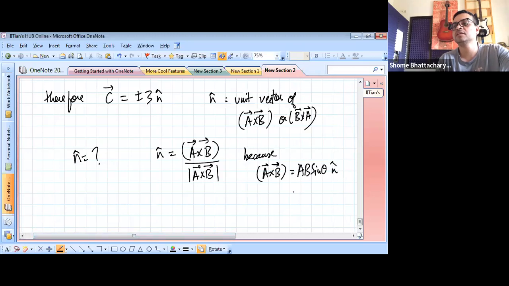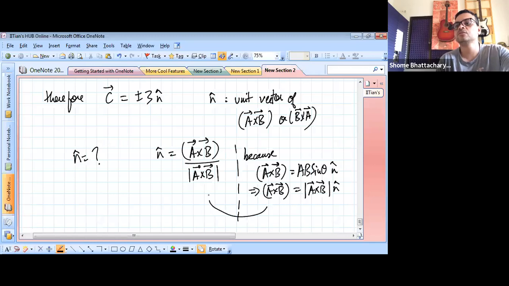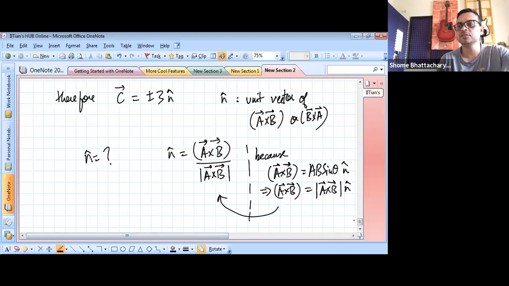That is nothing but mod of A cross B multiplied by n cap. So A cross B is its magnitude into n cap, and the unit vector of that is this one. So what we have to do next is first find A cross B.